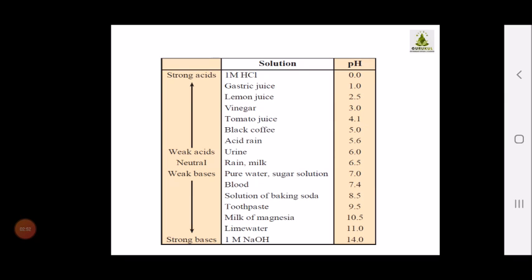In this table the pH of different solutions are given. Now children, the pH range is from 0 to 14. In upcoming videos we will be studying in detail about the pH range, the pH scale and the different substances and their pH.